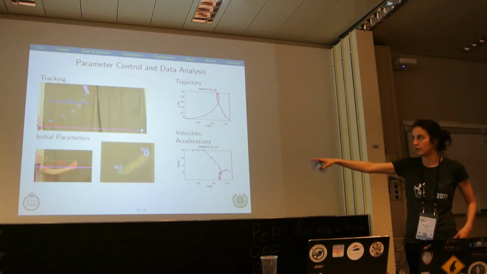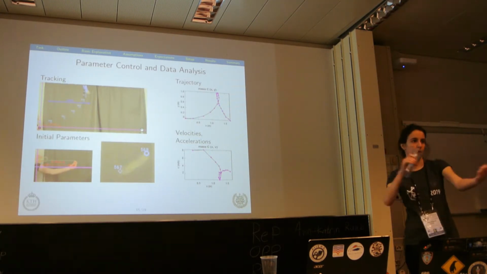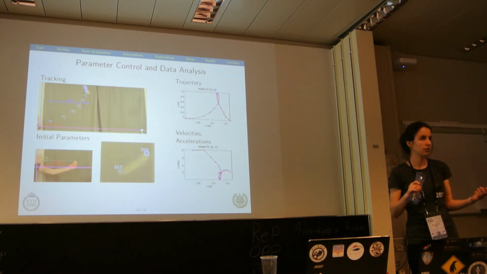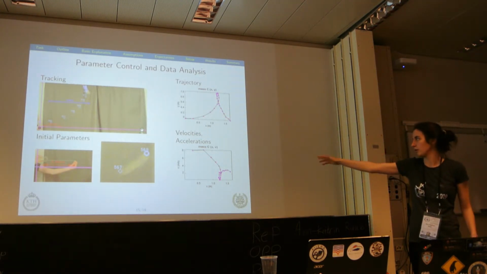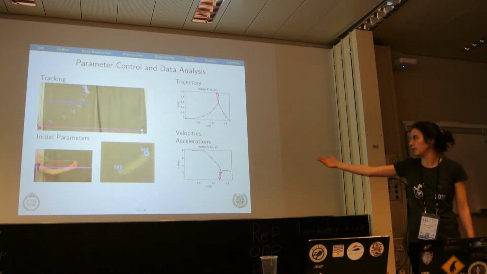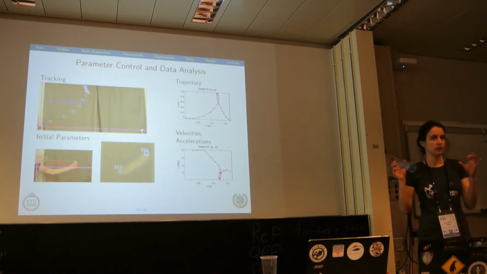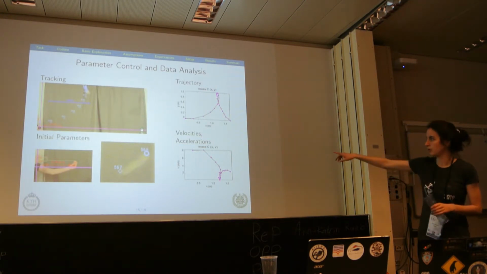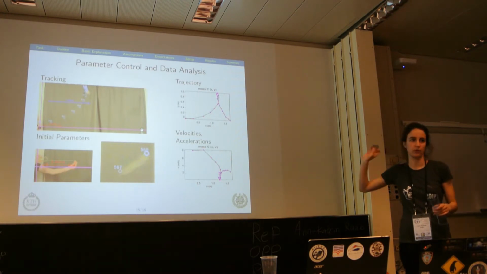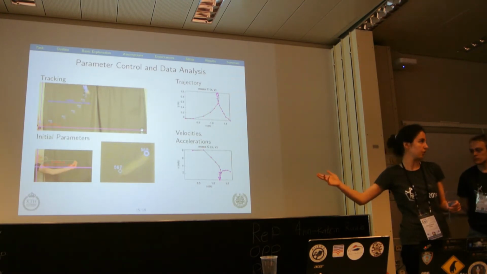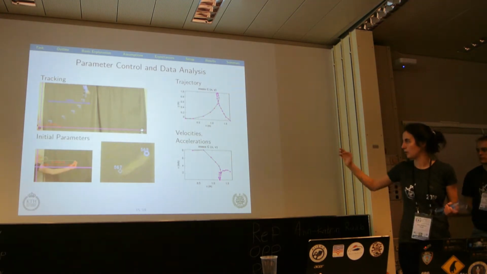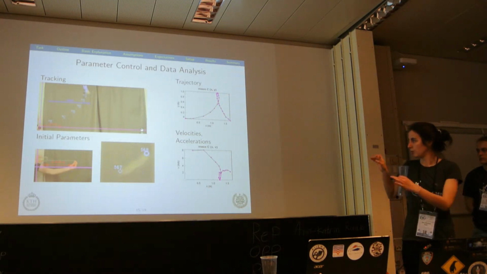For example, the initial velocity is varied by how much you stretch the rubber band, and if you select the trajectories where the initial velocity was in a certain range of what we've measured, then we counted this into our measurement.